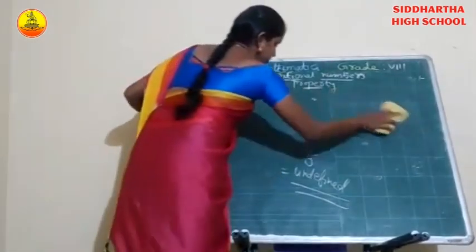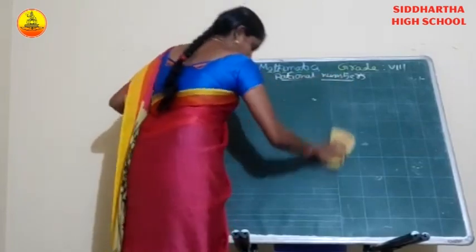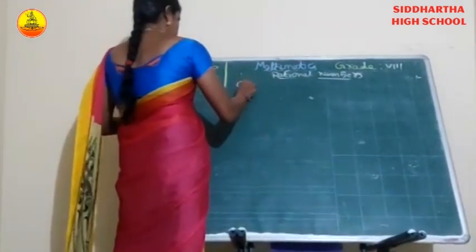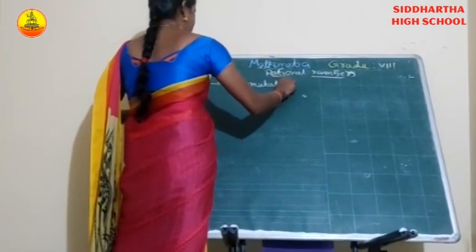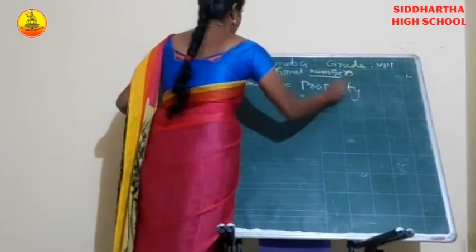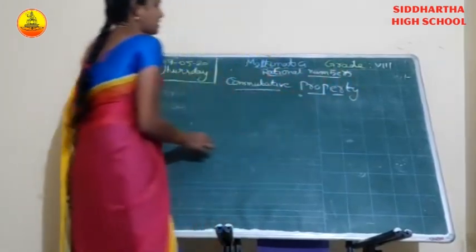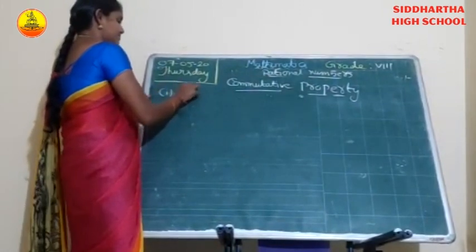Now we will discuss commutative property or commutative law. Very easy. What is the commutative property? First we will see under addition.